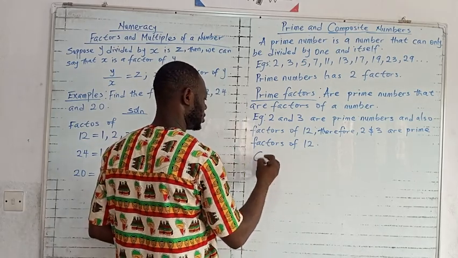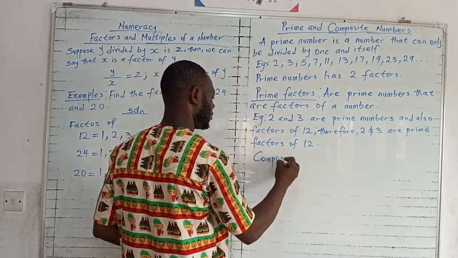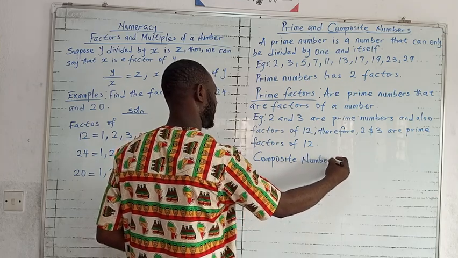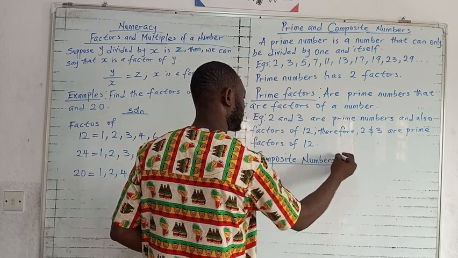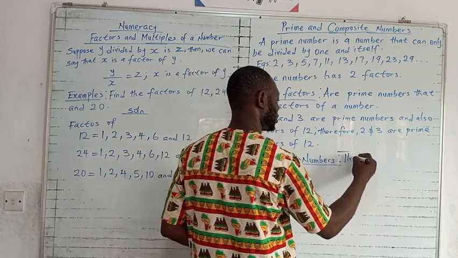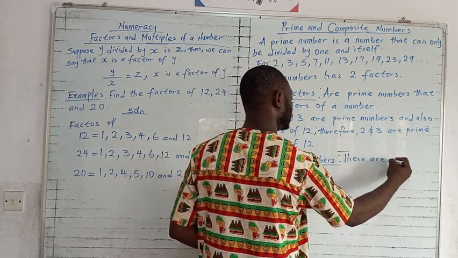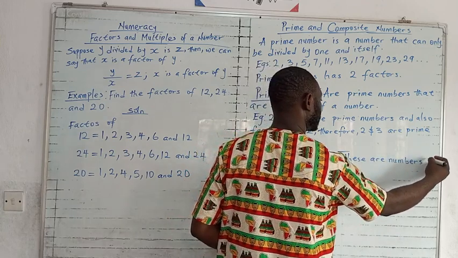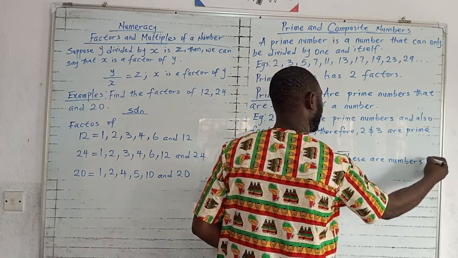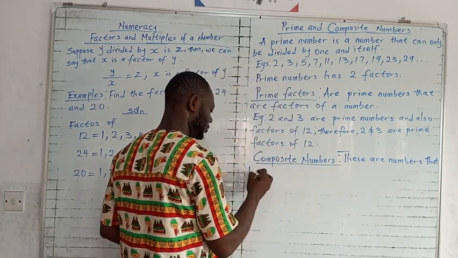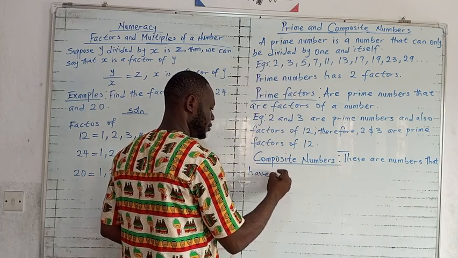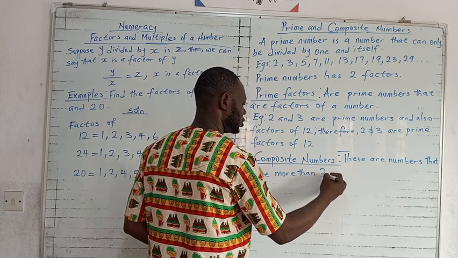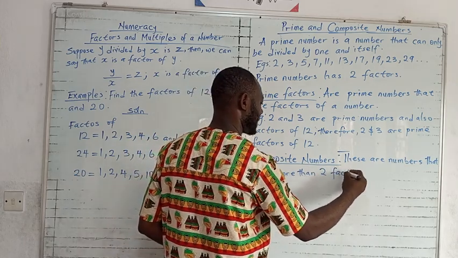So let's go. Composite numbers. These are numbers that have more than two factors.